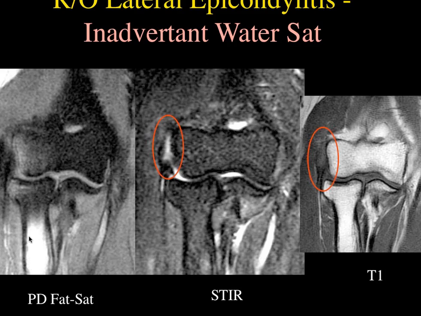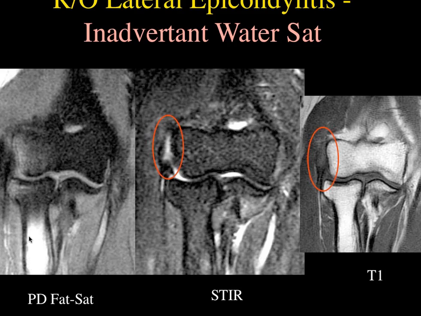So how come for body imaging we don't do PDs, we do stirs? Because you get more failure of fat suppression in body imaging, especially on 3T scanners. Therefore, we use stir to decrease the amount of failure of fat suppression we get. If you noticed on the low field ones, we do a smaller field of view image with PD, and with the large field of view we tend to do stir.